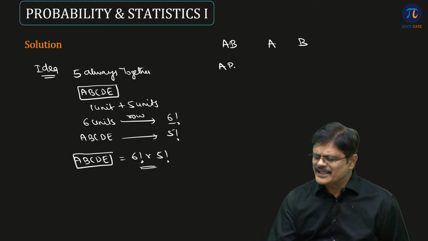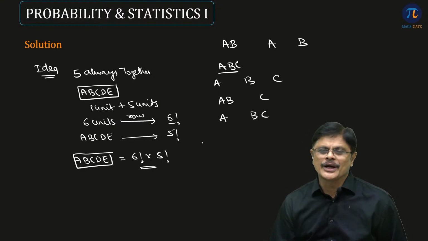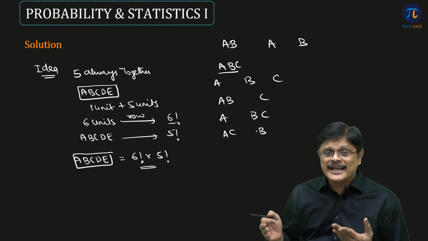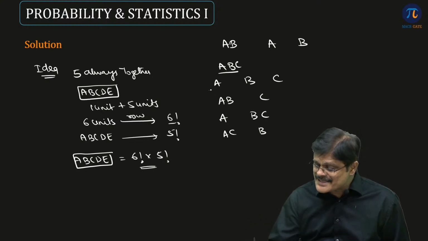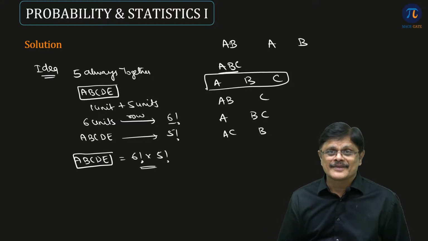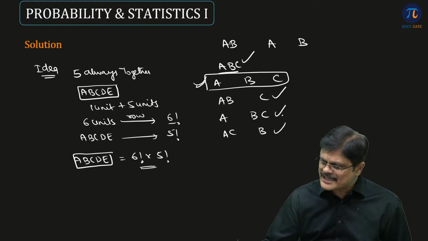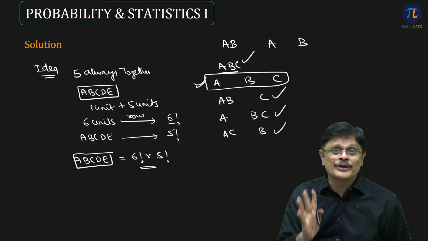But if you are having three members, they may be together, they may be completely separate, two of them together and one separate, this one separate and these two together, or these two together and this one separate. So many cases will arise. To get this answer from the total, you have to remove this case, this case, this case and this case. Then you are going to get the required answer. Please note this point.